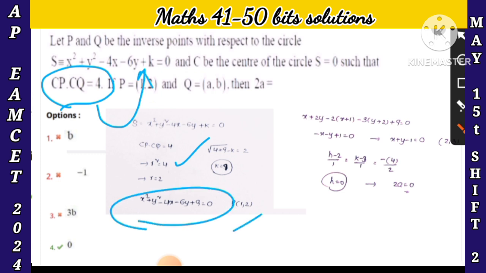Okay, this is the circle equation. Now what is the inverse point? How to find the inverse point? First find the polar of this circle with respect to the point 1 comma 2, that is S1 is equal to 0.